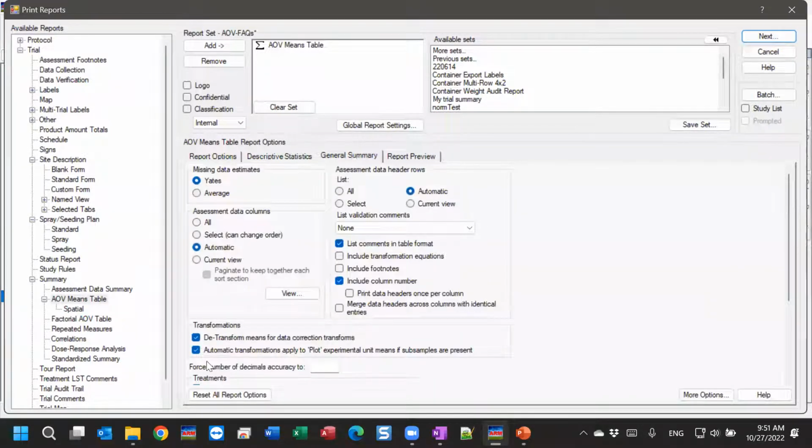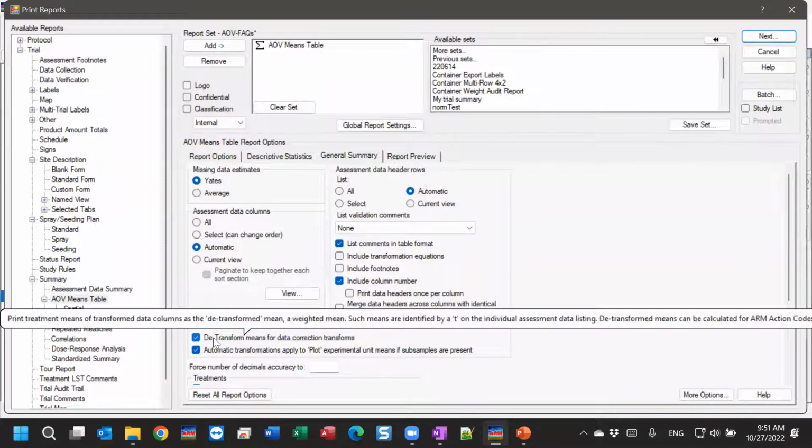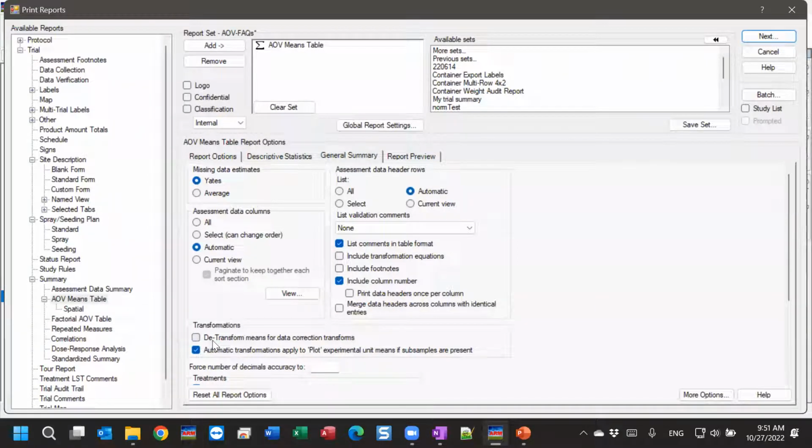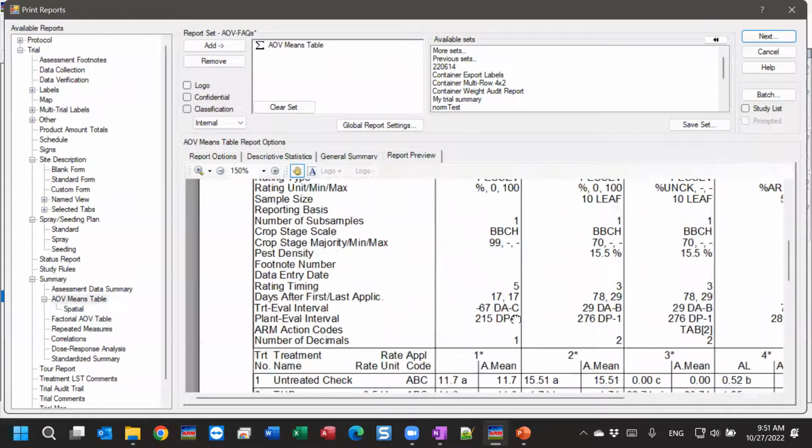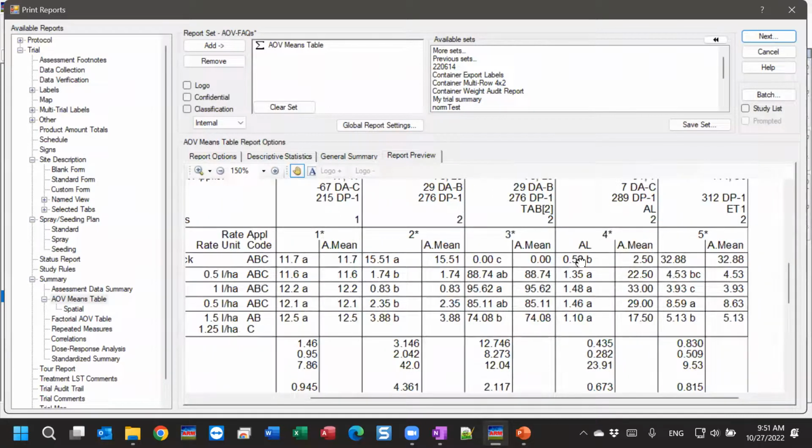If you don't want that de-transform, we actually have an option to turn that off. So if you turn this de-transform off, this was under the general summary, then when we preview, you'll actually get here the AL values themselves. So now 0.52, 1.35, those are the means of the transformed data.